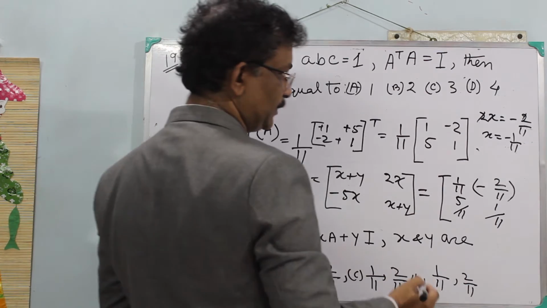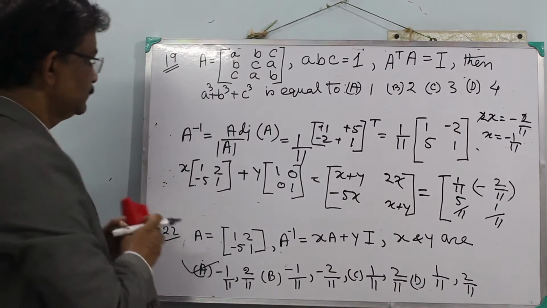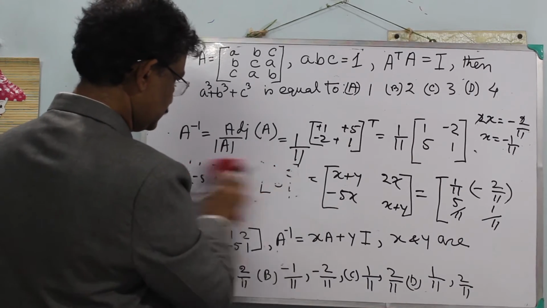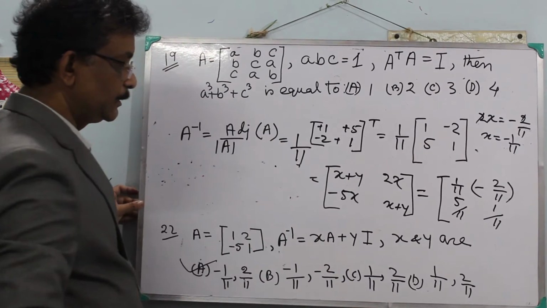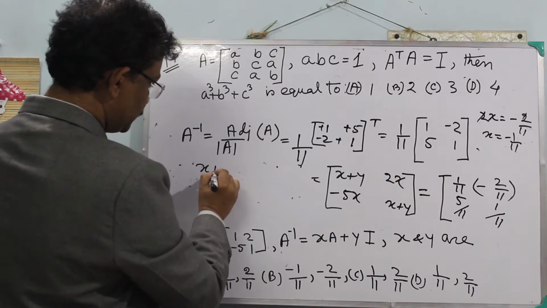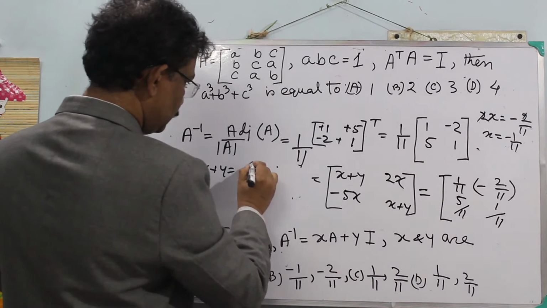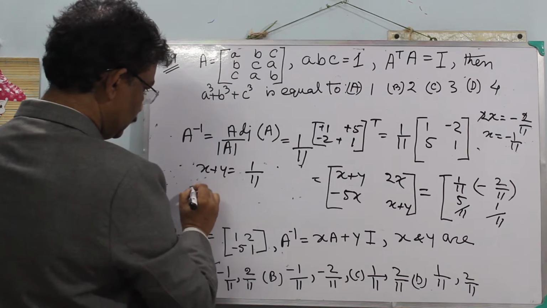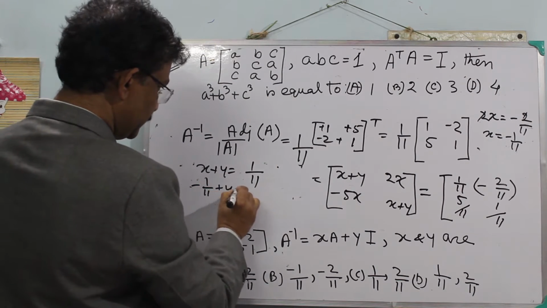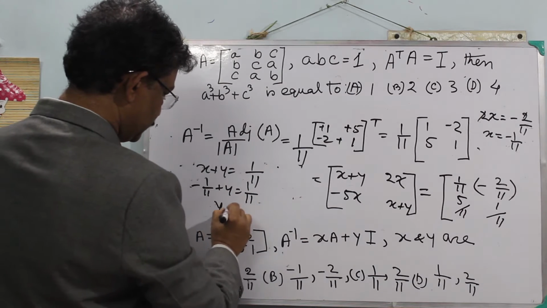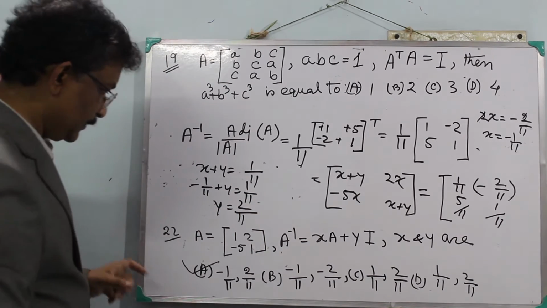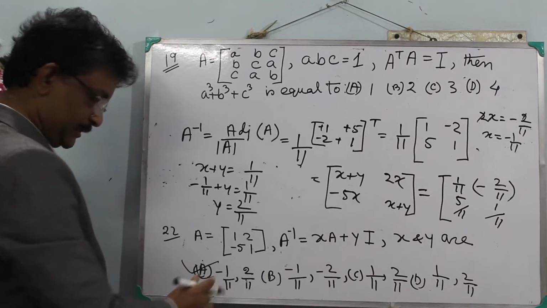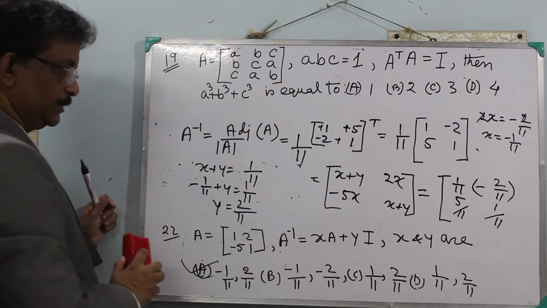So X equals minus 1 by 11, and X plus Y equals 1 by 11, so minus 1 by 11 plus Y equals 1 by 11. So Y is equal to 2 by 11. So X equals minus 1 by 11, Y is equal to 2 by 11. A is the correct answer. Is that clear?